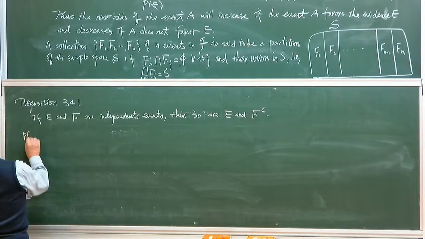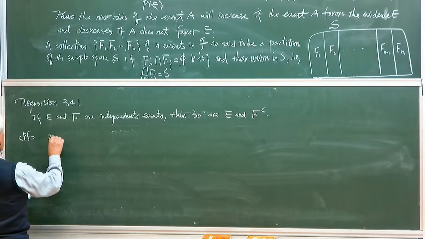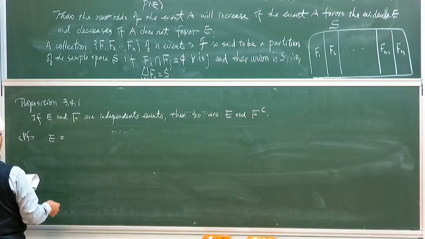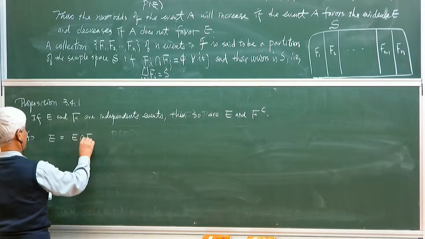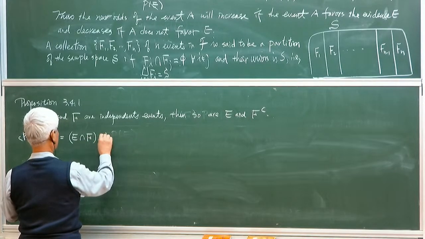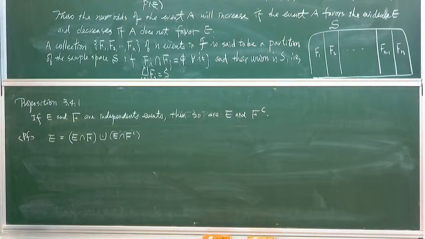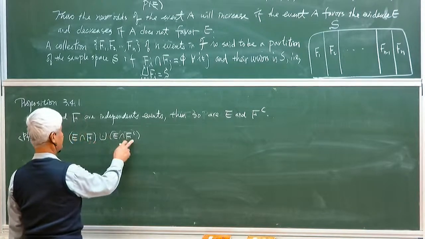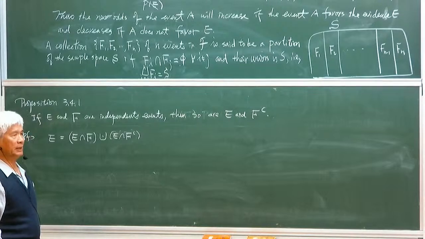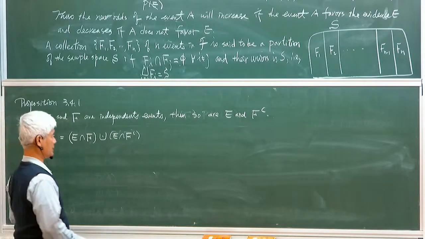Okay, now we'll give the proof. We know that E is equal to E intersect F joint union with E intersect F complement, because F and F complement together form a partition of the sample space.